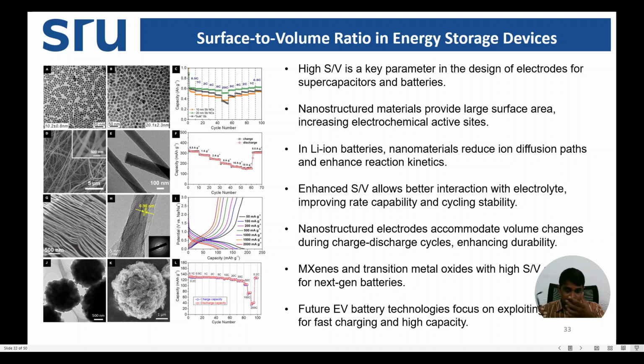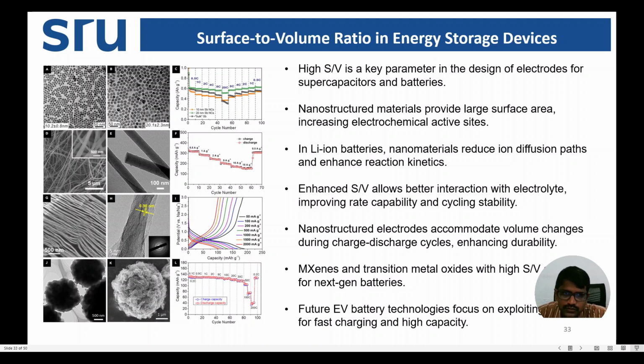See this slide. Another field: energy storage devices. What are the energy storage devices? Guess. Supercapacitors, batteries, fuel cells, like that.